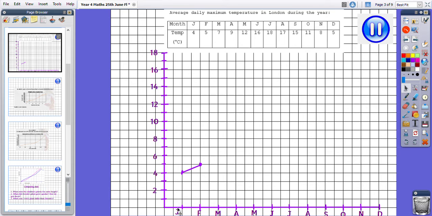I've plotted my first point, so here is January, and I have plotted it at 4, so 4 degrees Celsius. Then I'm going to go to February, and I have got 5. And I have joined up my points with my line. So you now need to continue this graph, plotting each of these points and joining them up with a line as you go.